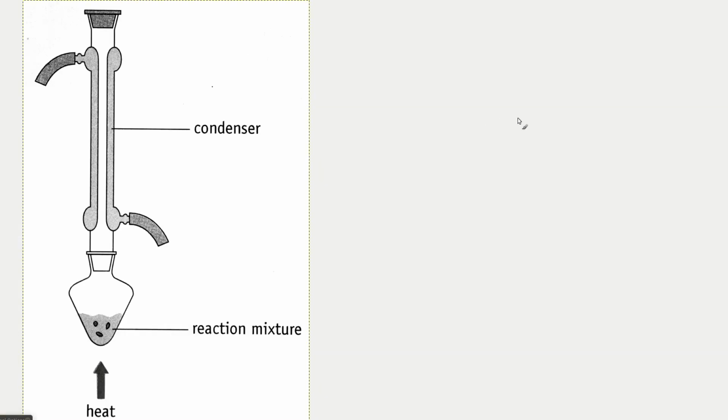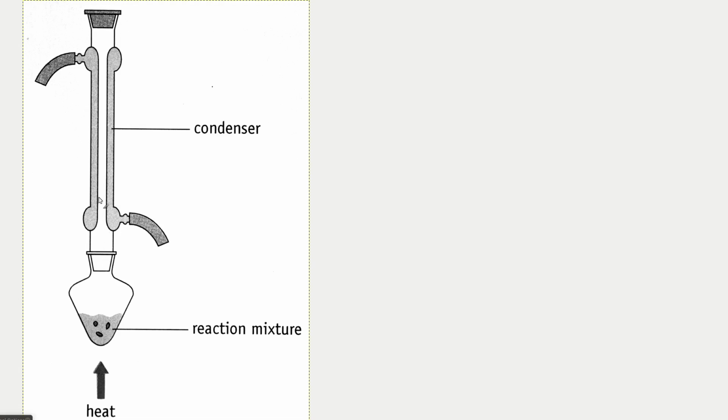We use this sort of apparatus here. So we take our reaction mixture, which might be chloroethane, sodium hydroxide, and we heat it up. Because the reaction normally will be quite slow, if we heat it we can make the reaction go much quicker. But something like chloroethane will evaporate away quite easily. So what we do is we fit this condenser to it, and we have cold water running through the jacket of the condenser.